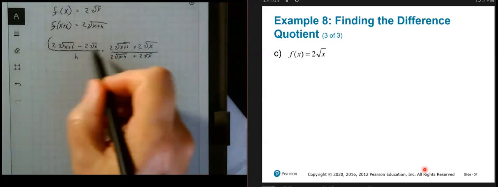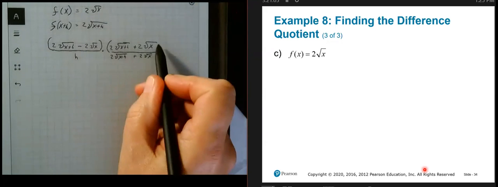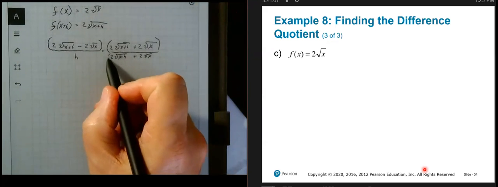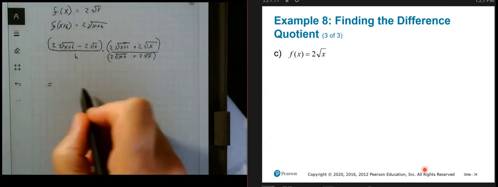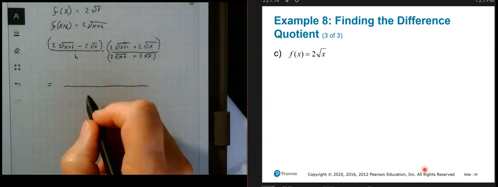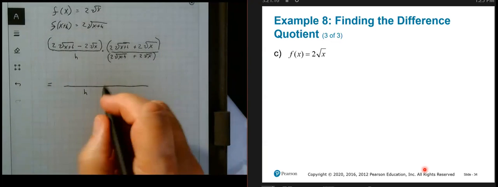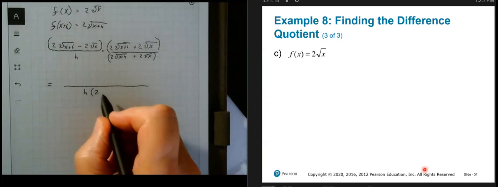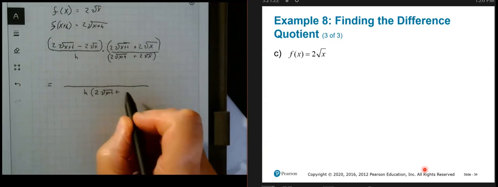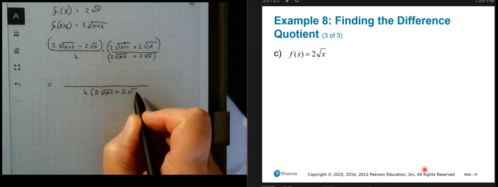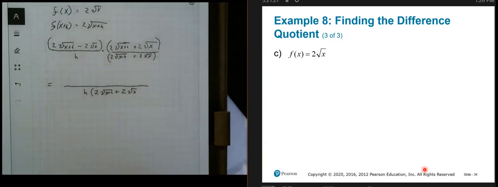So I'm going to multiply the numerator by this numerator, and I'm going to multiply h by this denominator. I'm going to do the denominator first because I'm not going to use the distributive property. So now I have 2 times the square root of x plus h plus 2 times the square root of x in the denominator. I always forget to close my parentheses.